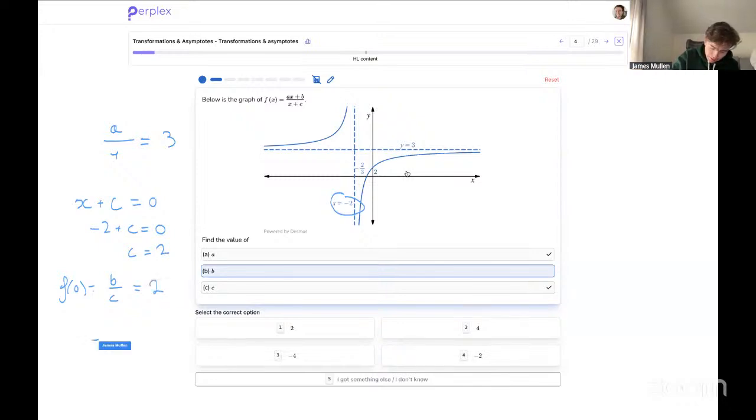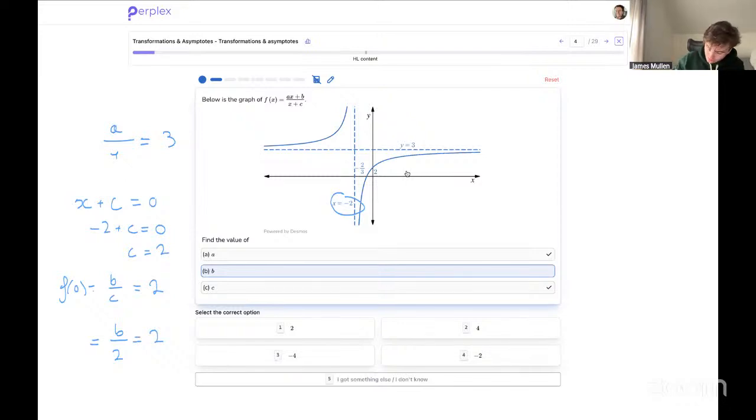Okay, and therefore I can say that b over c, and c is 2, is equal to 2, which means that b is equal to 4 is my answer. But I want to be careful because that doesn't seem correct. Hang on, let me answer the question in a second.